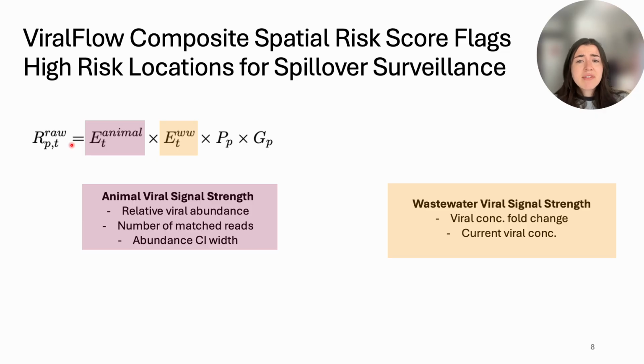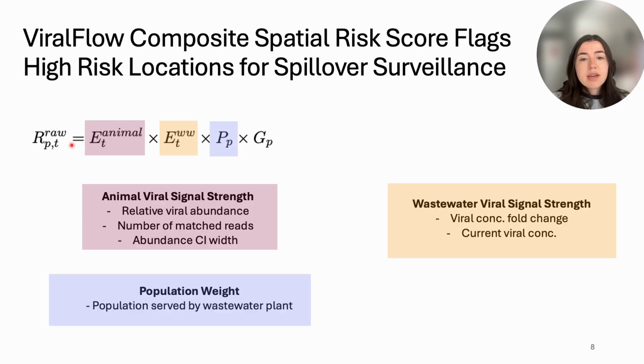And then similarly, we have a wastewater viral signal strength that looks at the current viral concentration from the most recent collection of the wastewater sample, and then also the fold change against a historical baseline from previous data. Then we also take into account some more epidemiologically focused components, like the population weight, which looks at the population served by a wastewater plant.